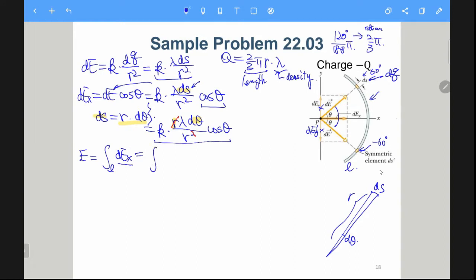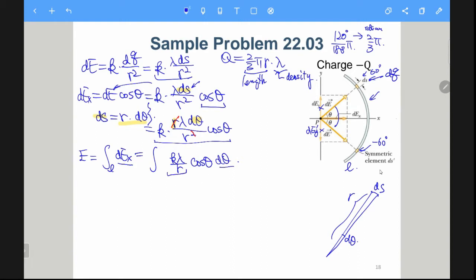So we have an integration of k lambda over r cosine theta. We put it in the front and d theta. So it's just like the normal form of the integration. Okay, so this is constant regarding theta.